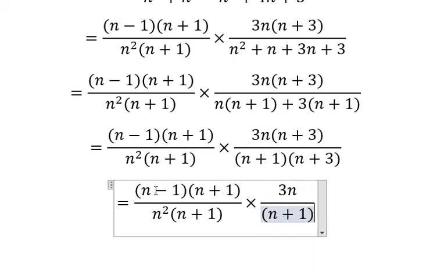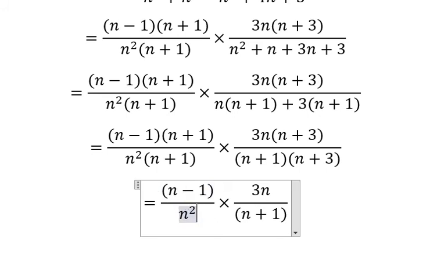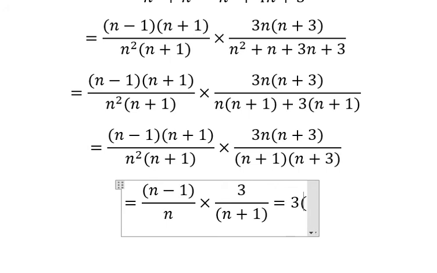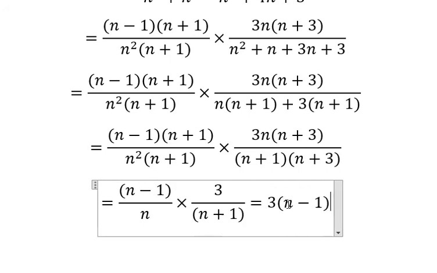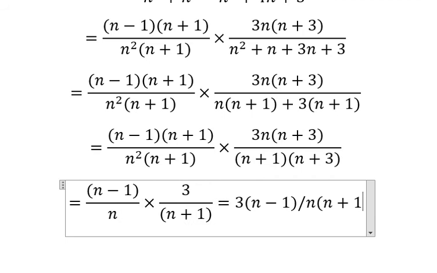N minus 1, n plus 1 is simplified by n plus 1. N and n we simplify. And now we will have 3 multiplied by n minus 1 over n multiplied by n plus 1.